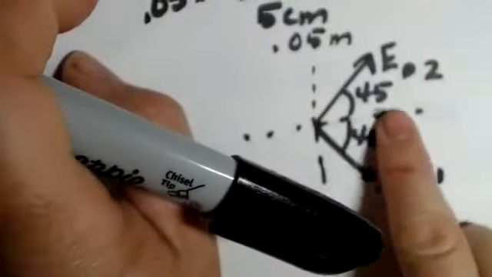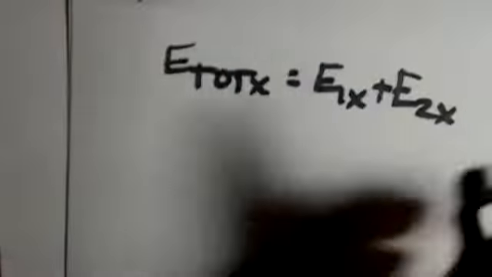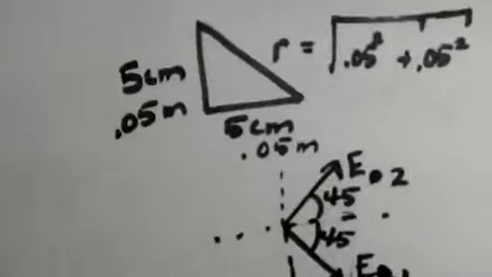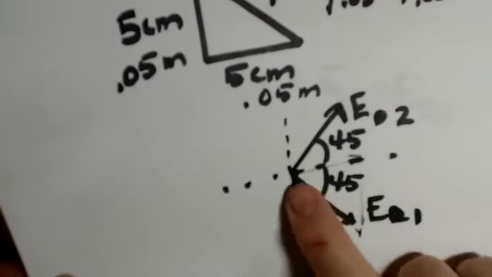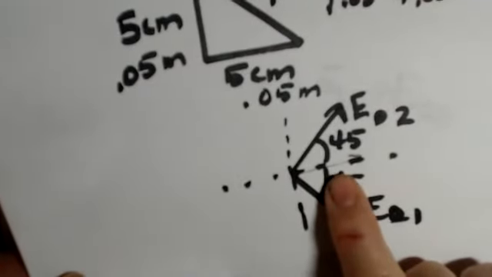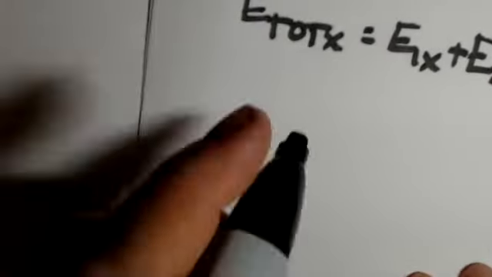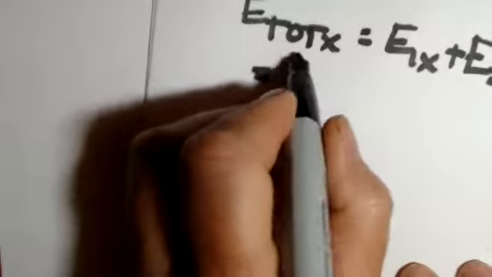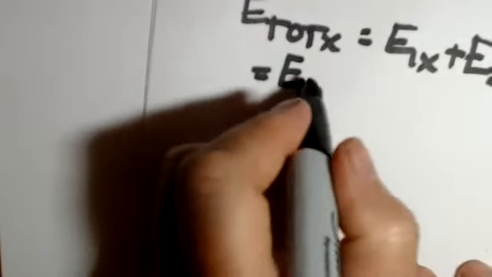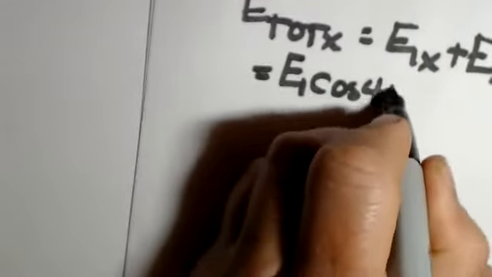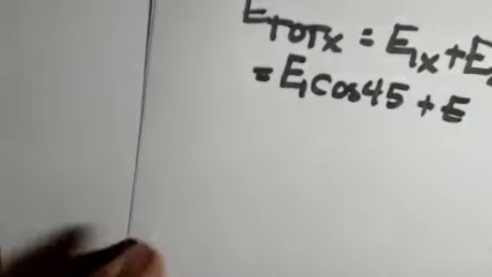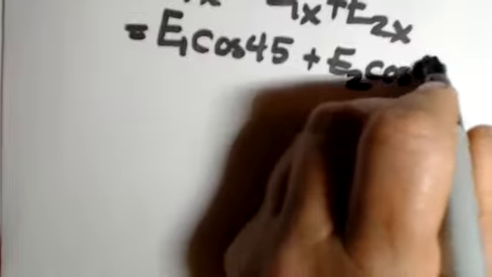Okay, now if I look at the X component, both of these are going to point to the right, so they're both going to be positive. And also if I look at my picture, it's going to be cosine 45 for both of them. Okay, so I've got E1, it's positive, cosine 45, plus E2, cosine 45.